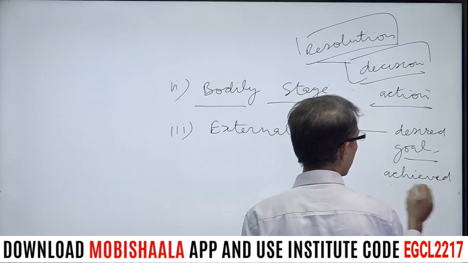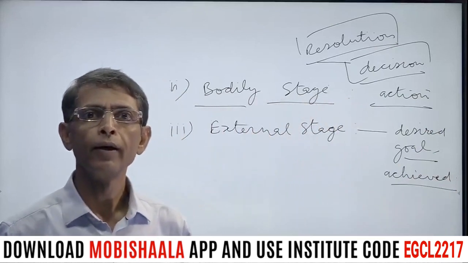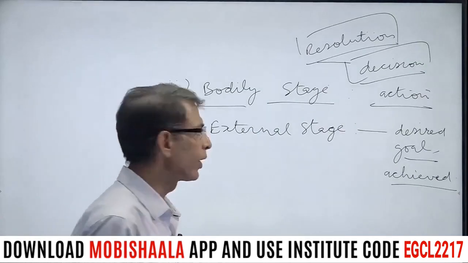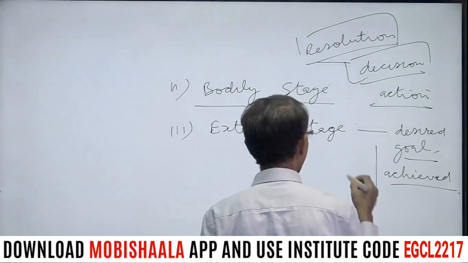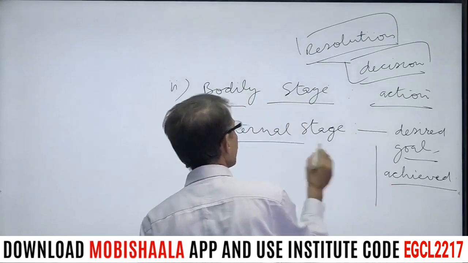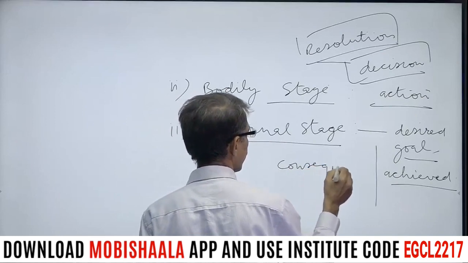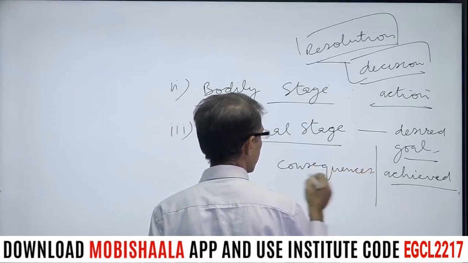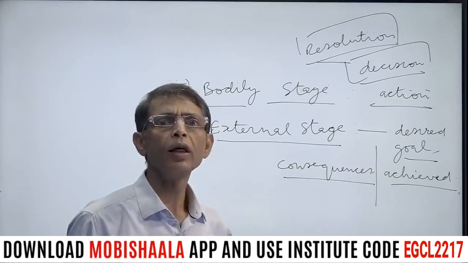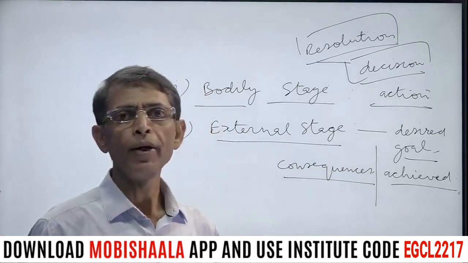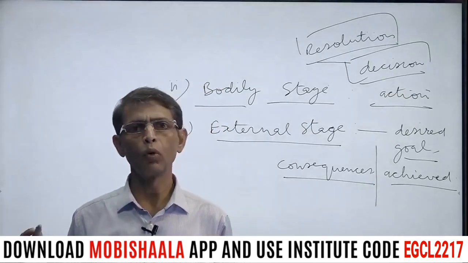And even what is achieved may be desirable or undesirable, that's another thing. So first, there are consequences. The consequences may be desirable or undesirable, pleasurable or unpleasurable, or both.